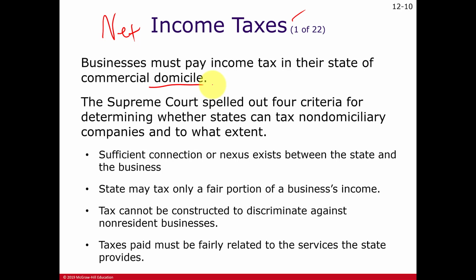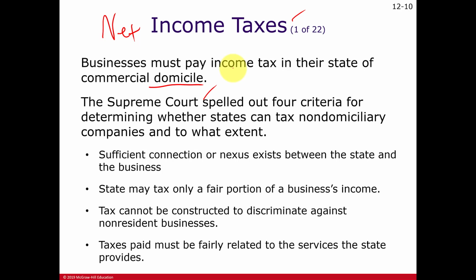And then other states we do business in, if those other states have nexus, then they can tax us on our net income. Again, there are court cases dealing with this. In fact, it's almost becoming like Wayfair now, where if you just sell at a high volume, it may now subject you to income taxes for that state. We're not quite there yet, but it's kind of moving in that direction.